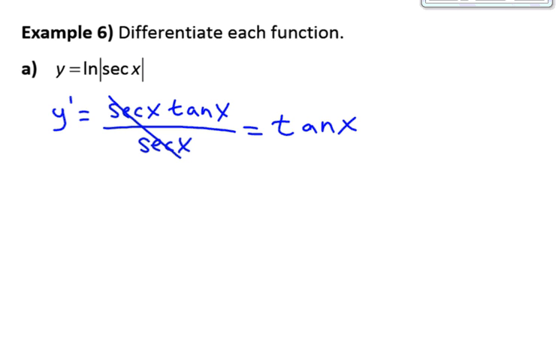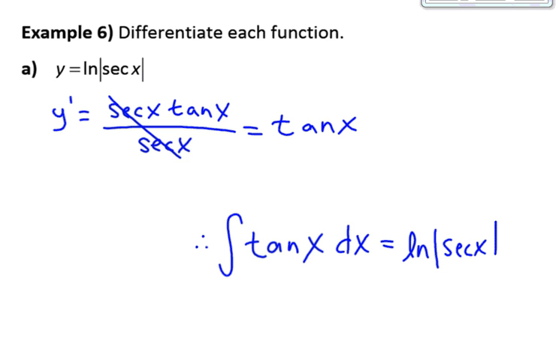Now keep that in mind, because now what if I asked you, because we haven't learned this yet, the integral for tangent of x? We have not been able to do that up until this point because this involves natural log. So the integral of tangent would then be the natural log of the absolute value of secant x. So just keep that in mind.